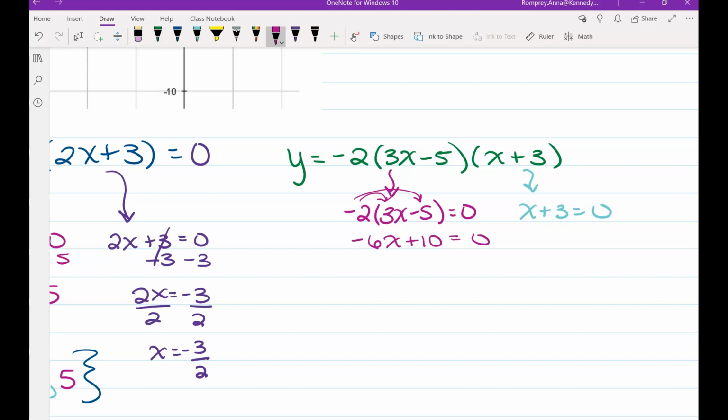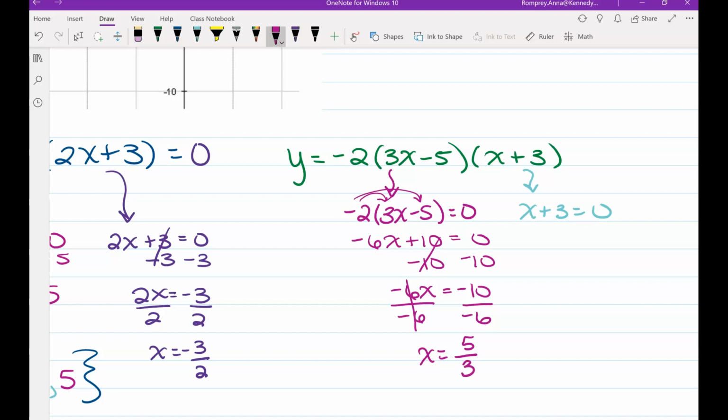I would undo this addition, so subtract 10. Negative 6x equals negative 10. Divide both sides by negative 6. x equals, let's see, 2 goes into both, so negative divided by negative becomes positive 5/3.